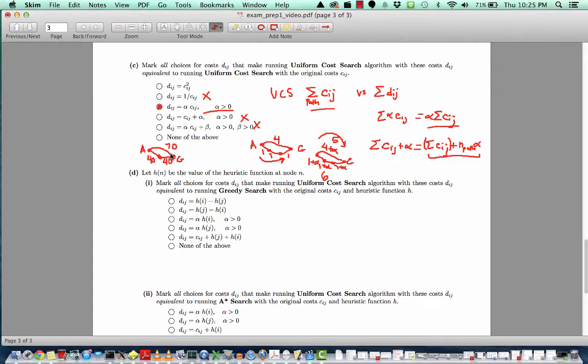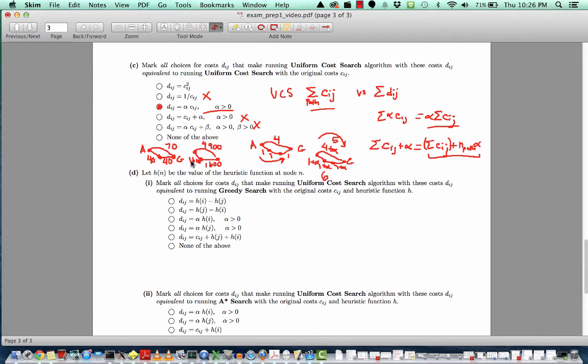Then in this original graph, the best way to go is to take 70. However, in your new graph with Dij, these values are now going to be 1600, and this will be 1600, and this path is going to be 4900.